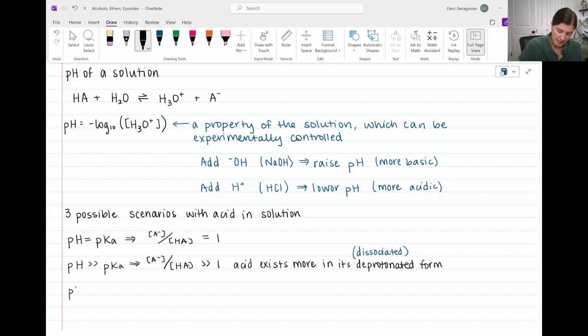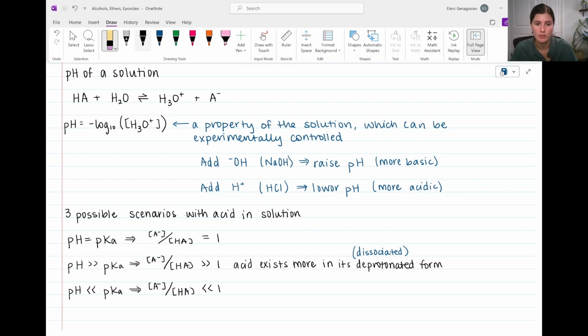And then lastly, if the pH is much lower than the pKa, remember lower pH or pKa is more acidic. So if we have a more acidic solution than whatever acid is being added into the solution, the acid is going to stay mostly in its associated form because it's not as acidic as the solution. So this ratio will be less than 1.